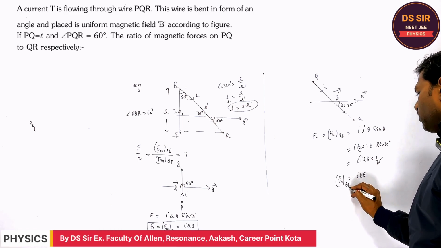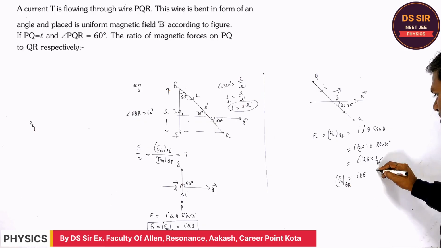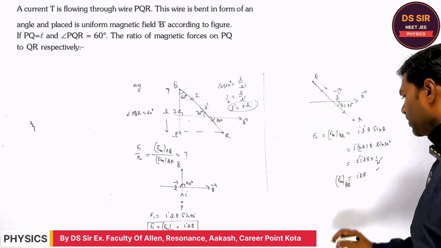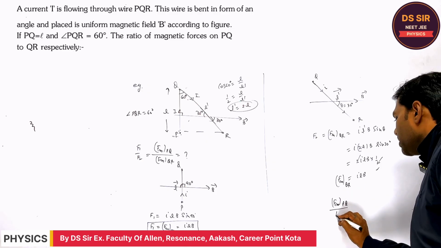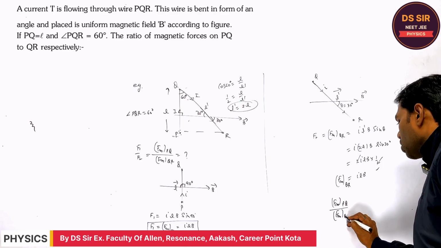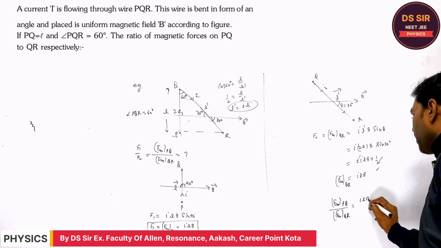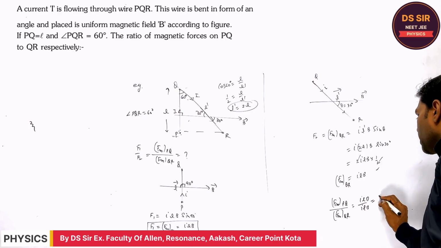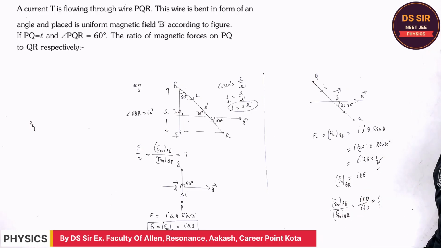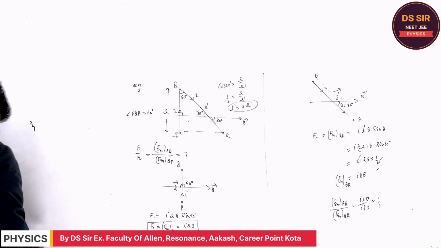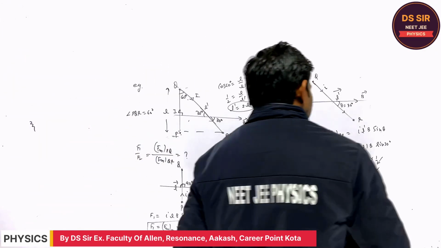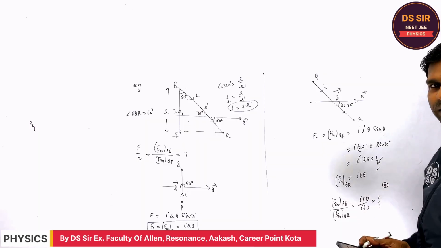So the force on this wire is the same as the force on the wire PQ. So the ratio of the magnetic force on PQ to QR is ILB upon ILB, equal to 1:1. All right. So which option is the correct option? The fourth option is the correct option, right?